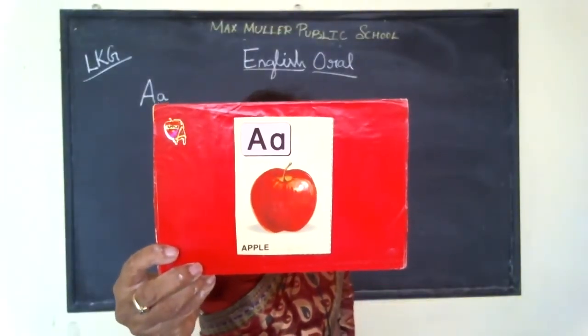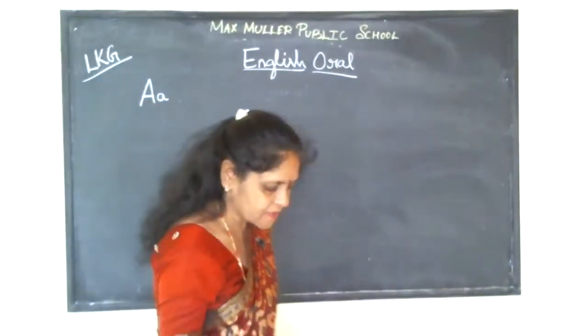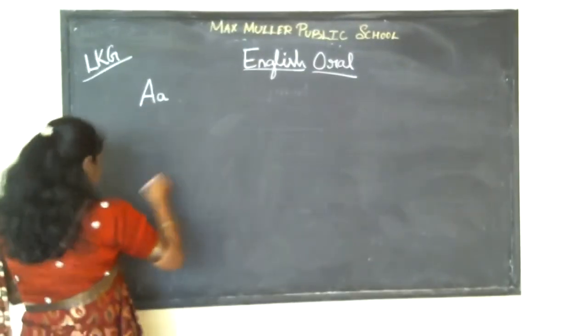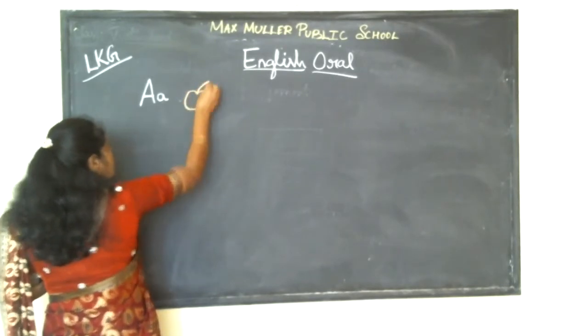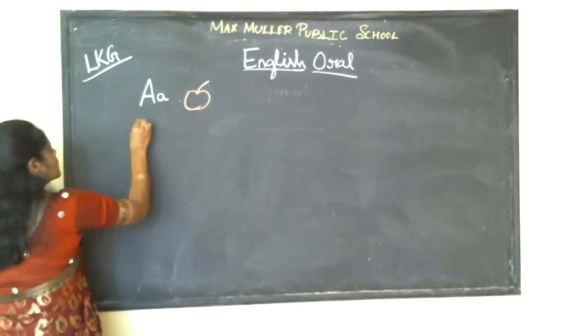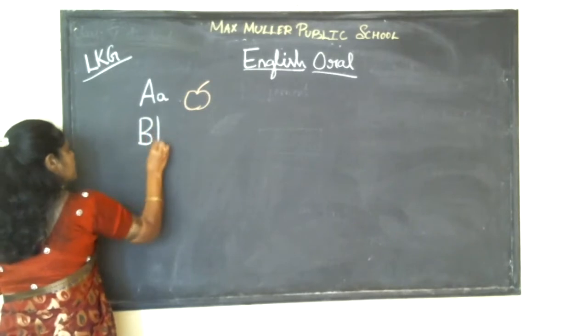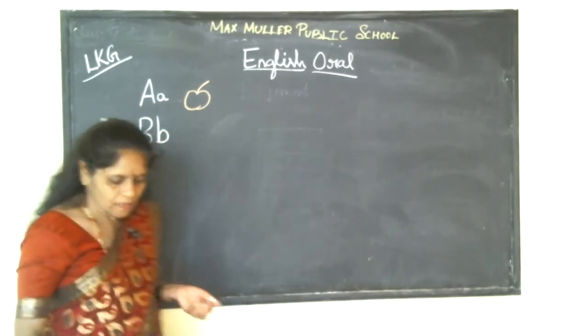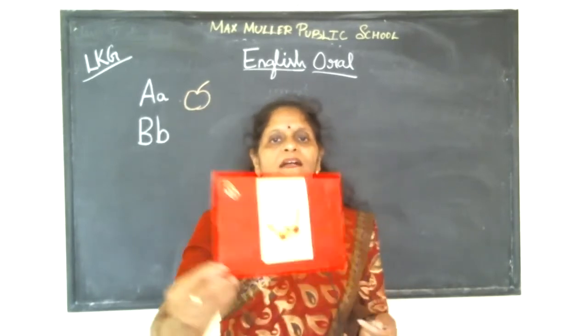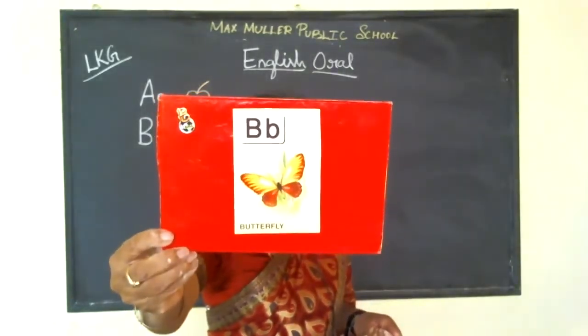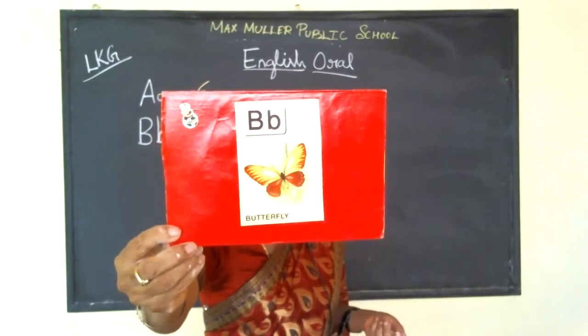Apple. A for apple. Next, capital B, small b. B for capital B, small b. Which picture is this?